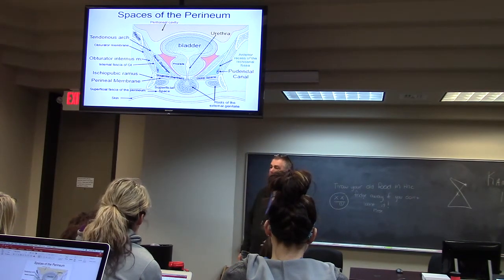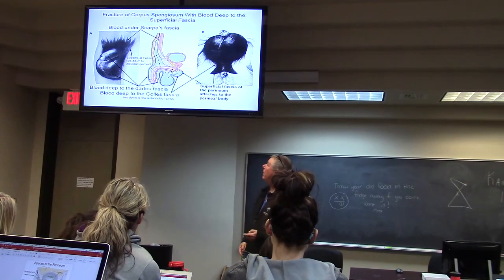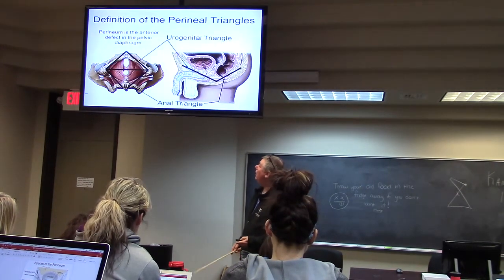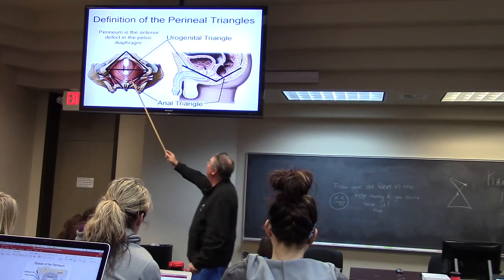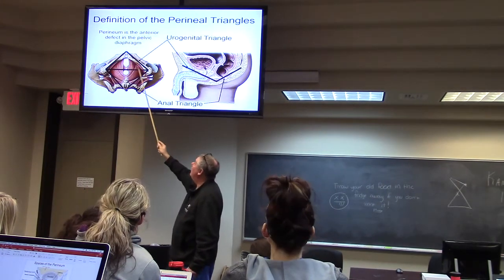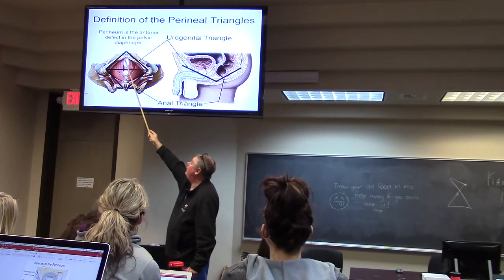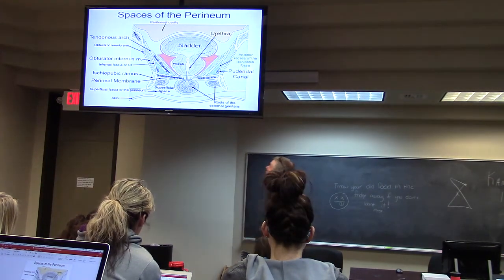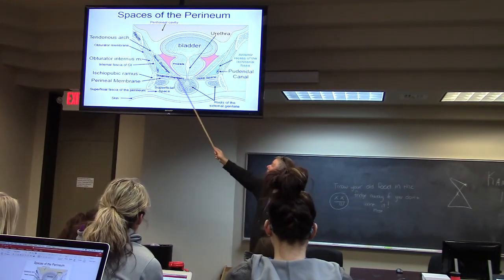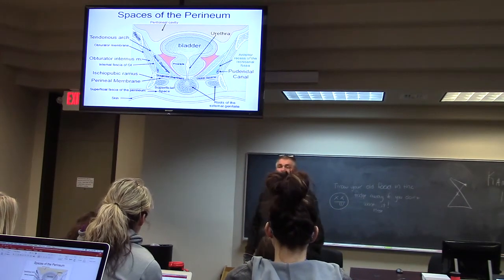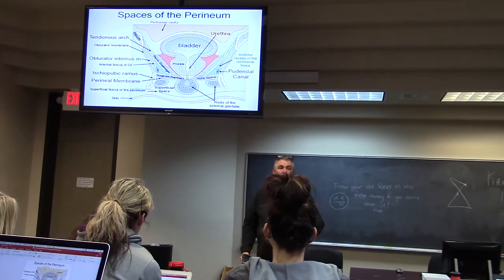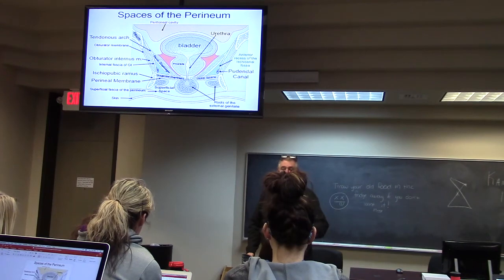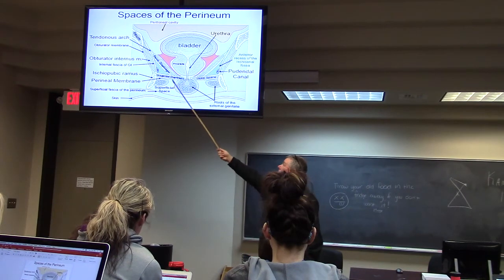The UG diaphragm is a muscle that actually covers this space right here. The UG diaphragm covers that triangle. Now, it's called the deep transverse perineus muscle. The deep transverse perineus muscle, that is the UG diaphragm.